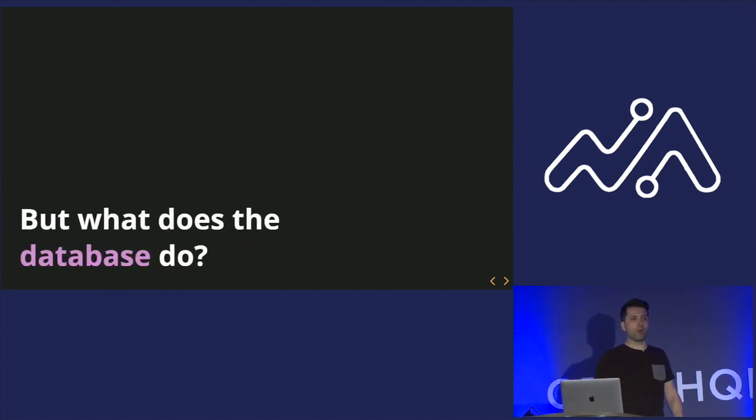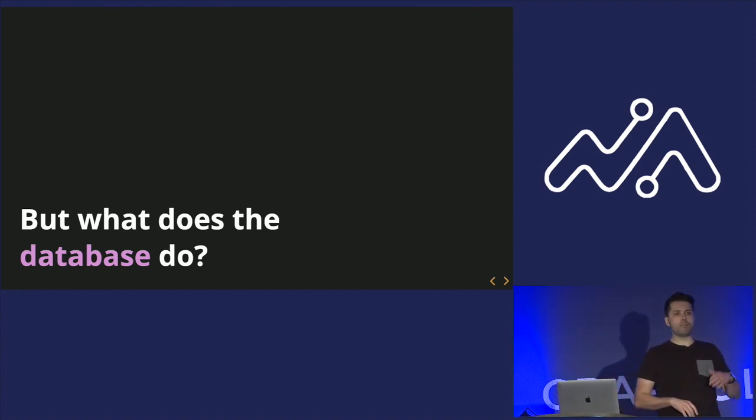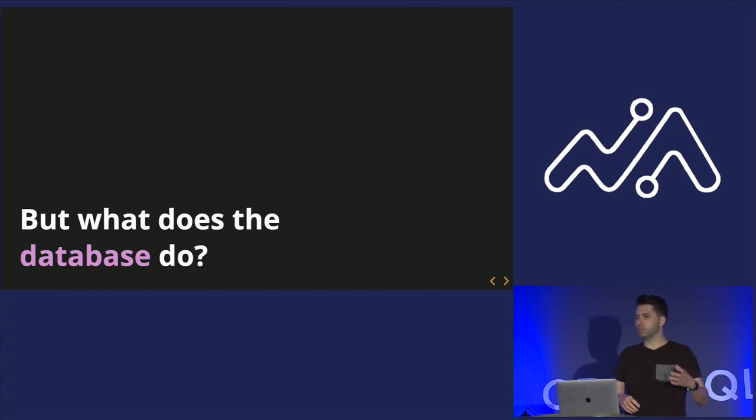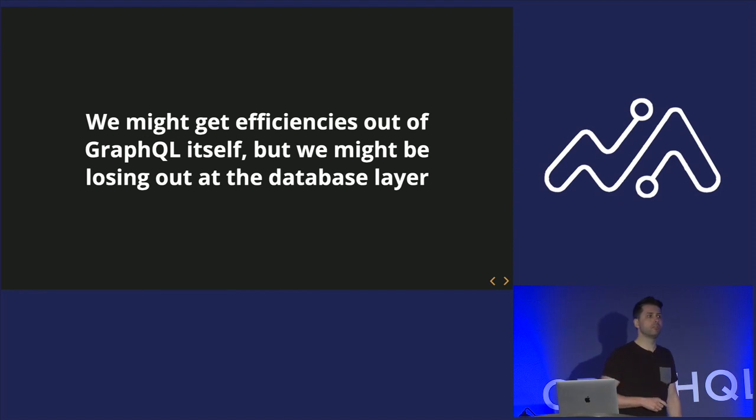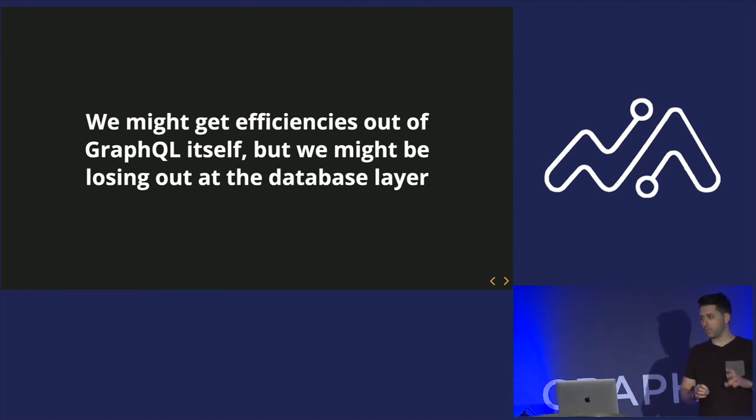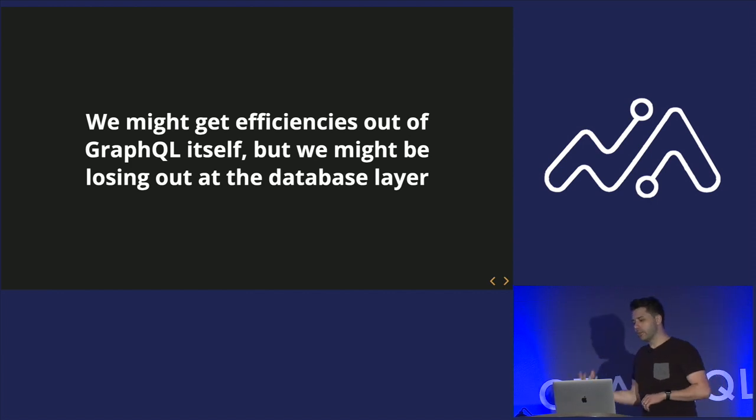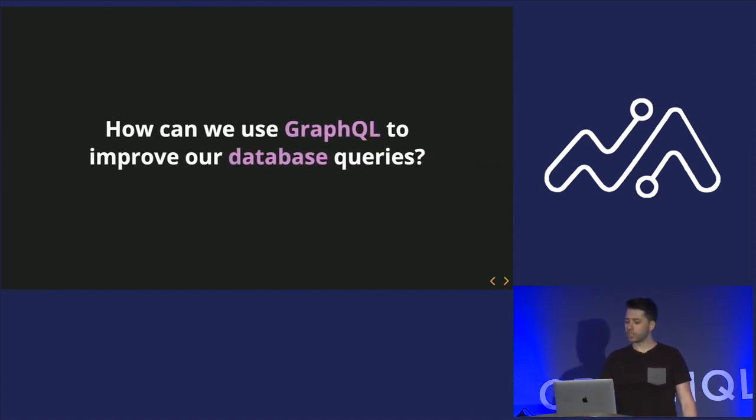Depending on how our resolvers are set up, which kind of data sources they're calling into, it's maybe not always the case that we automatically get only the fields that we ask for from the query. So we might get these efficiencies from the client layer to get back only that data that we want, but on our back end, things might be inefficient in some ways. So the question is then, how can we use GraphQL to improve our database queries themselves?